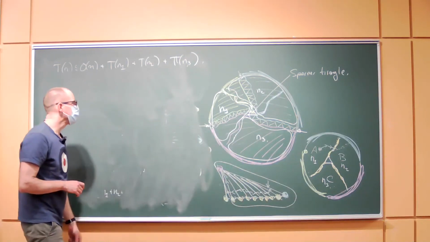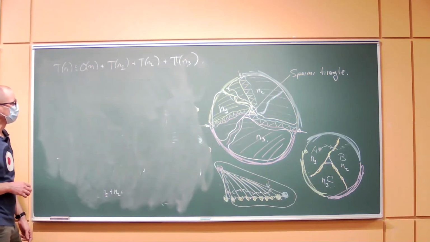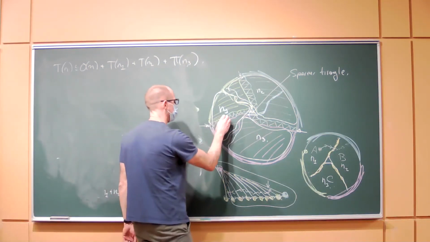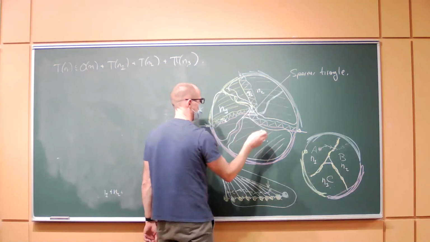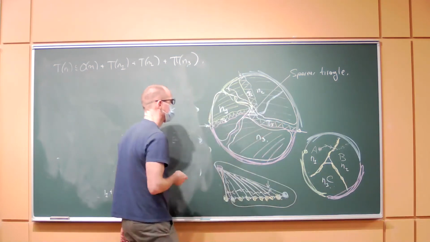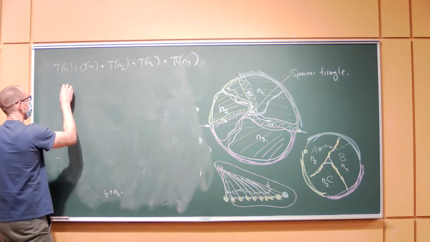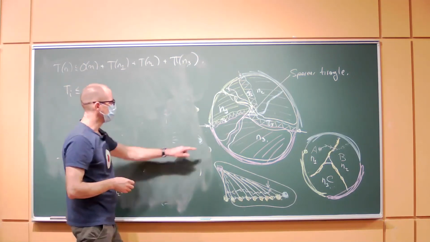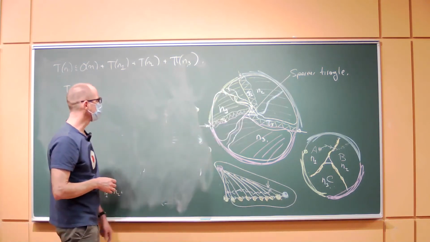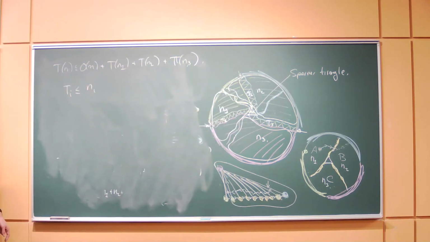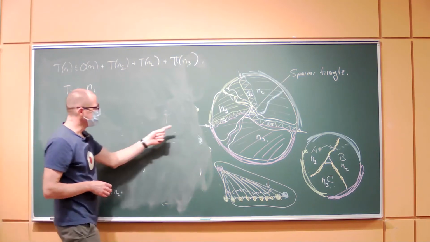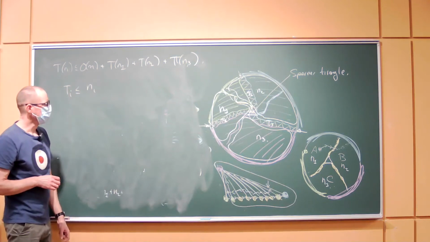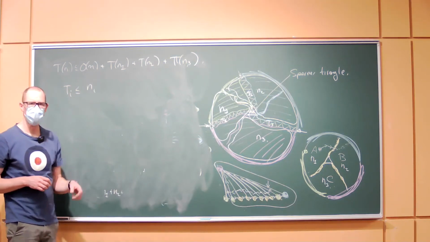So let's call the tunnels tunnel 1, tunnel 2, and tunnel 3. What we have is that tunnel i is less than or equal to Ni, the number of things in this region. And I've just said that if you do this tunneling thing, you can do it in a number of steps that's proportional to the smaller of those three things.